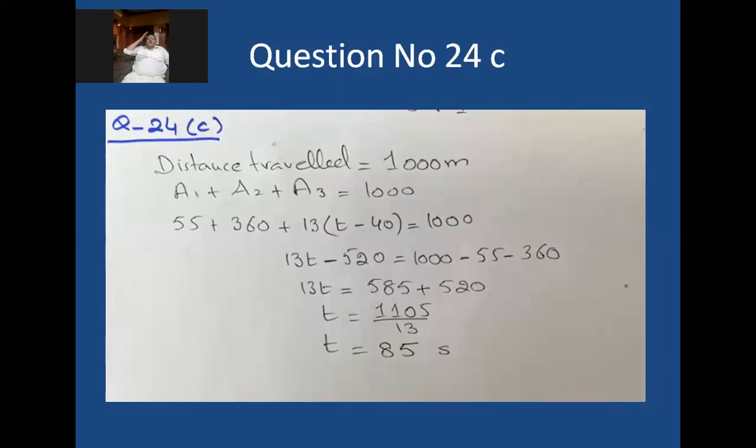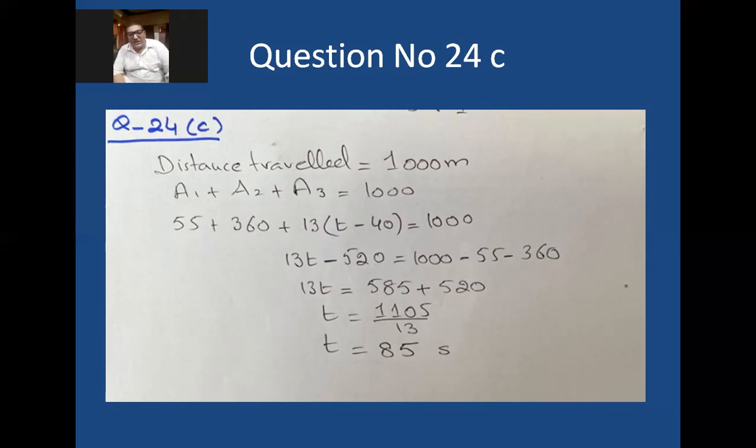So that should be 1000 equals 55 plus 360 plus 13 multiplied by (T minus 40). 13 multiplied by T, that's 13T. 13 multiplied with 40, that will be 520. So take this minus 520 to the other side. So 13T equals 585 plus 520. So that will be 1105 divided by 13. So it will be 85 seconds. So the T value will be 85 seconds.